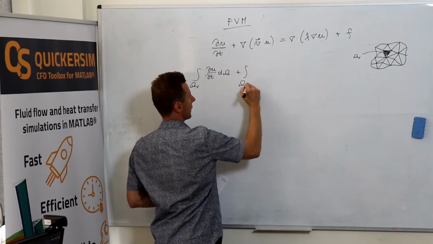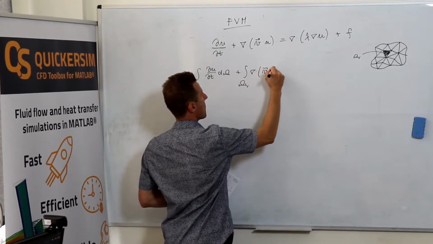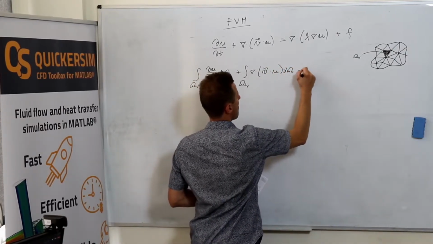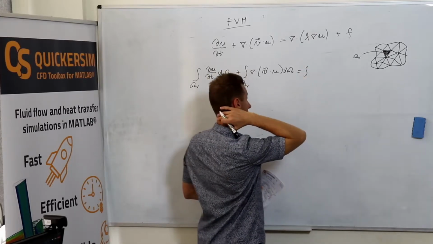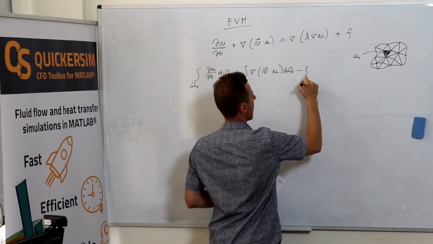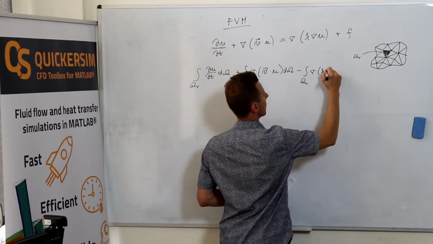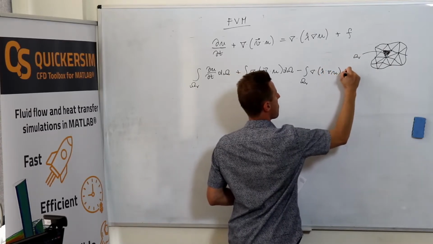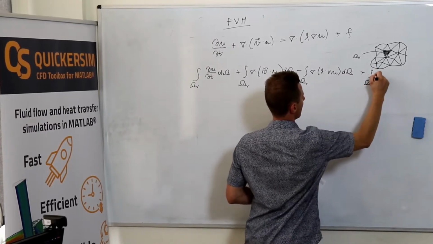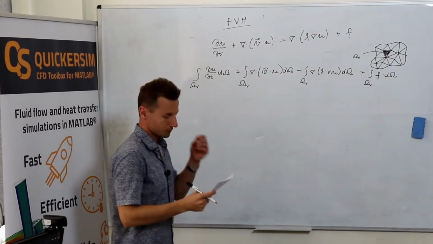And the integral over omega v again, minus the integral over omega v of the divergence of lambda times gradient of u d omega, plus the integral over omega v of the source term d omega.